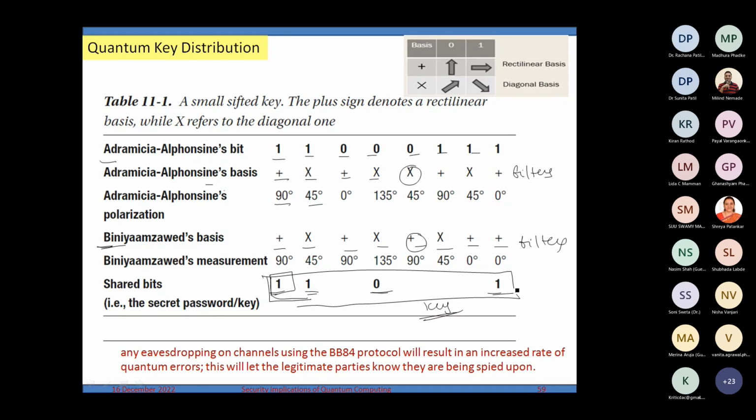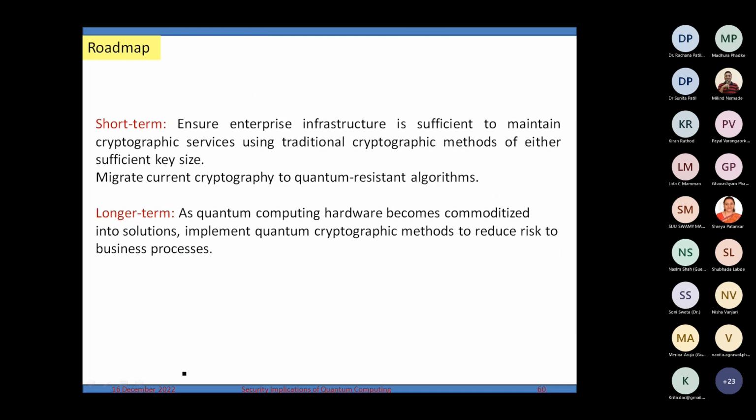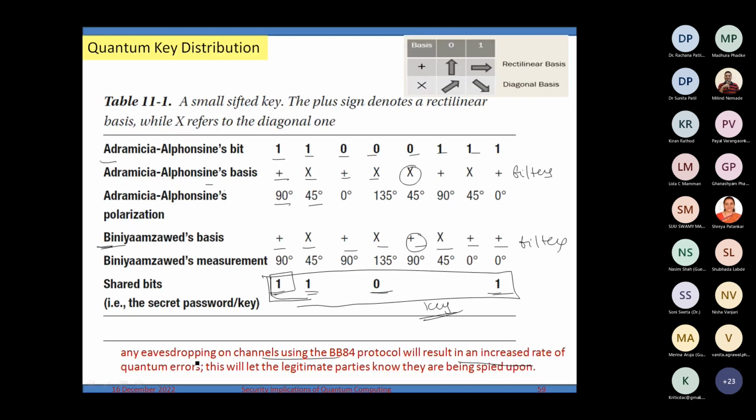Now A and B have the established common key. Now imagine if any eavesdropper or an attacker is listening to this communication channel, and if he wants to measure, it is going to induce errors into the system, or else it will collapse these quantum states.